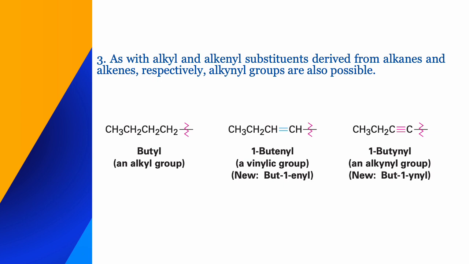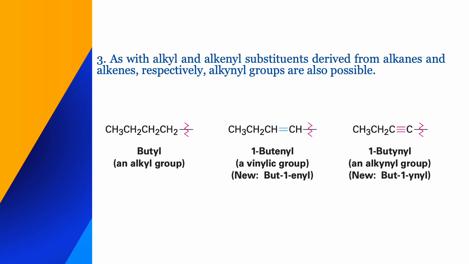So that means the double bond occurs in the first carbon. And then if we are going to use the new system of naming organic compounds, it shall be written as but-1-enyl. Okay, so that is but-1-enyl.